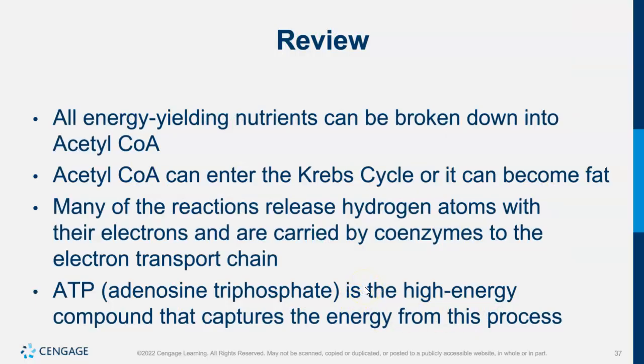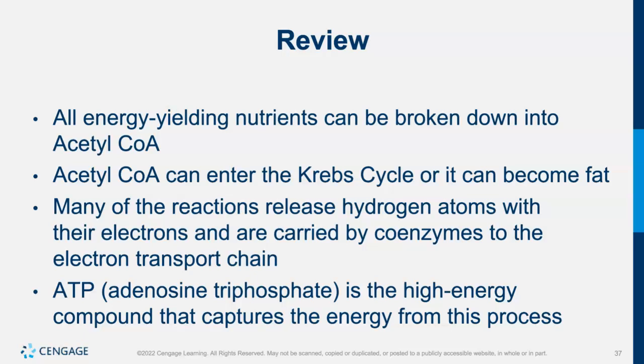So just a quick review. All of your energy-yielding nutrients, your macronutrients, your carbs, your proteins, and your fat, can be broken down into acetyl-CoA. Acetyl-CoA can enter the Krebs cycle, the TCA cycle, or it can become fat. If your body doesn't need any more energy, it's going to turn that acetyl-CoA into fat. Many of the reactions release hydrogen atoms.